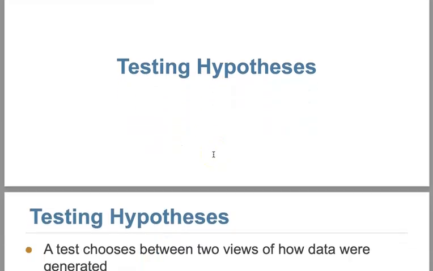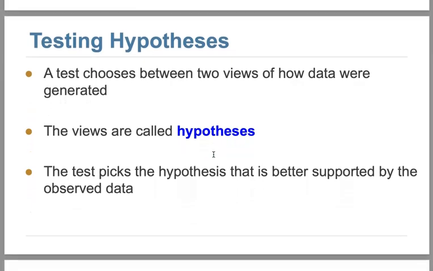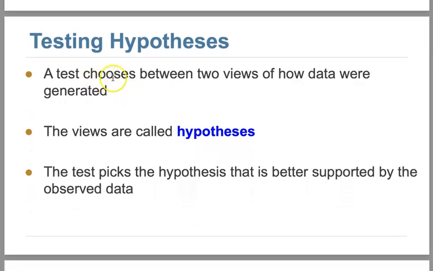So what is hypothesis testing? The test chooses between 2 views of how data were generated. The views are called hypotheses. So basically you have 2 viewpoints, 2 hypotheses. The test picks the hypothesis that is better supported by the observed data.